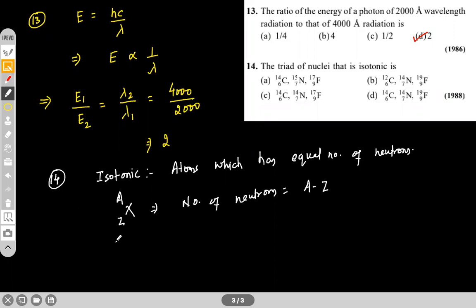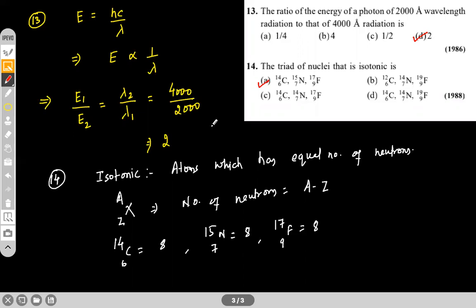So for carbon 14C6, the number of neutrons is 8. For 15N7, the number of neutrons is 8. For 17F9, the number of neutrons is 8. So we are getting A as the correct option here. Isotonic, equal number of neutrons.